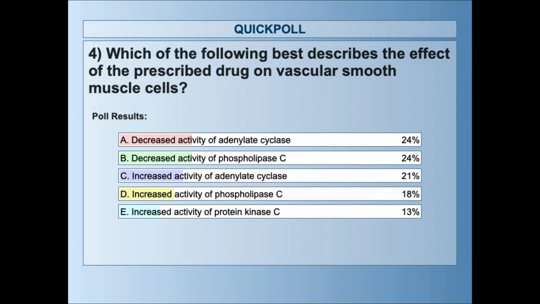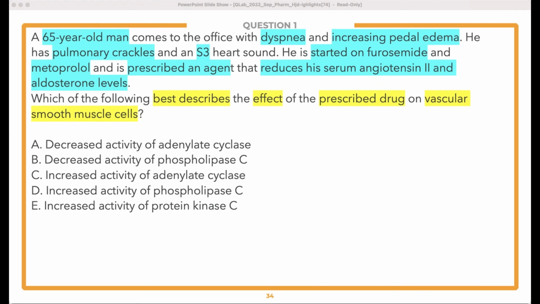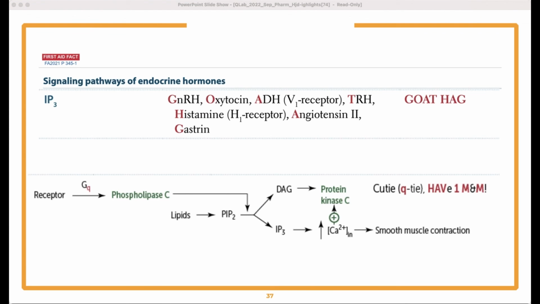And ACE inhibitors reduce aldosterone levels, and they also block the conversion of angiotensin 1 to angiotensin 2. So if we take a look at the next slide, what we'll see is the signaling pathways of endocrine hormones.